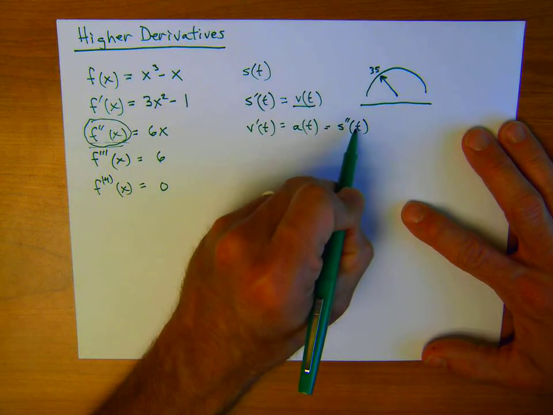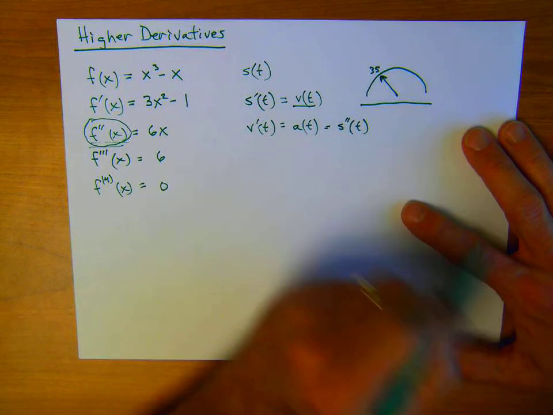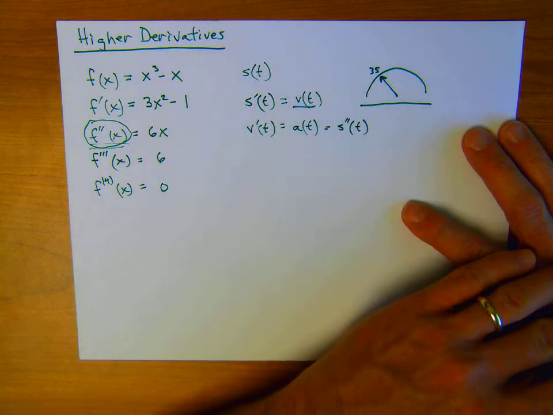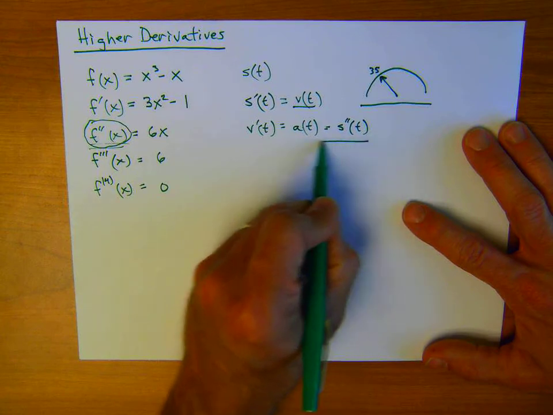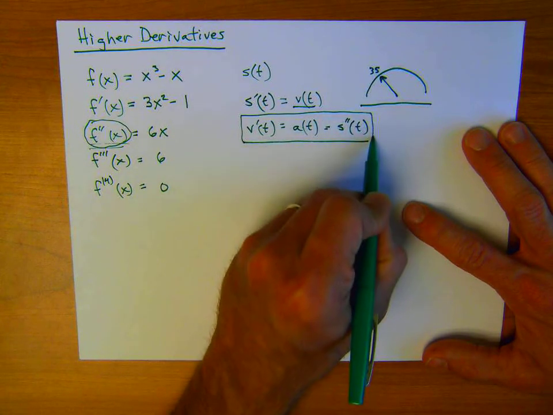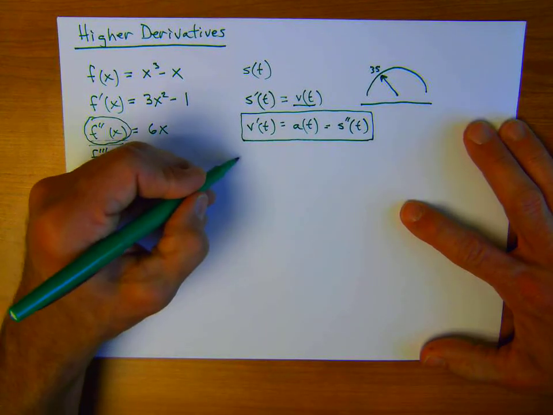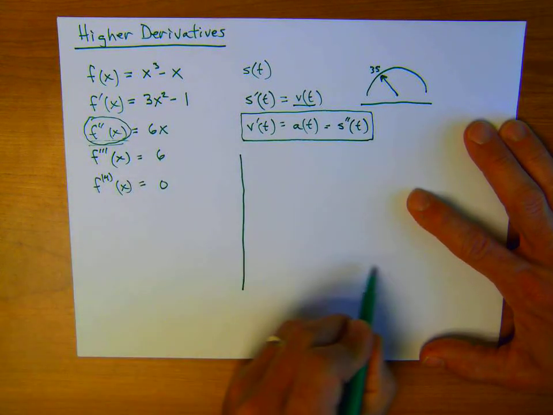It's the rate of change of the rate of change of distance with respect to time. I think thinking about it this way hopefully gives you a way to wrap your head around what that would mean.